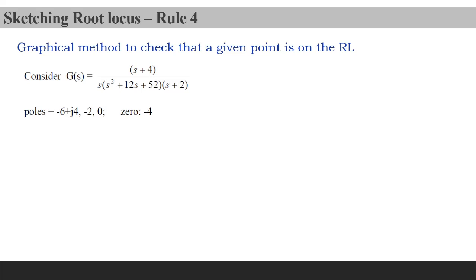Rule number 4 is basically a graphical method to check whether a given point lies on the root locus or not.